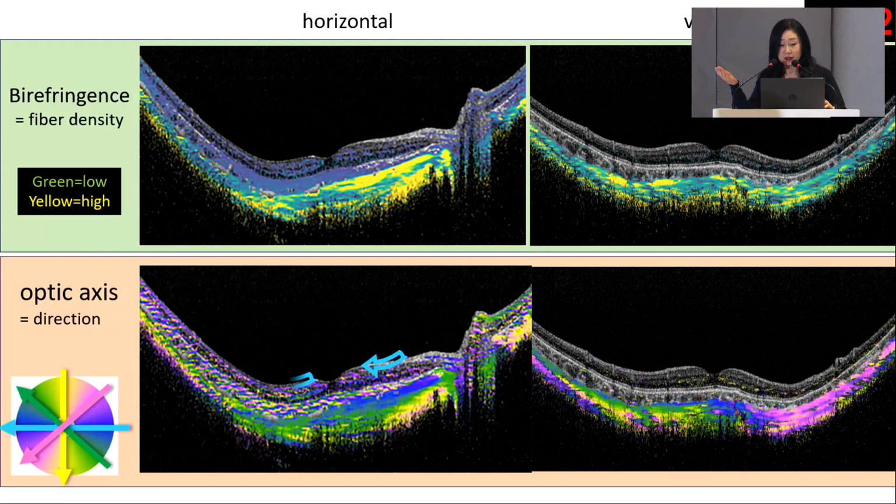In this horizontal image, you can see horizontal blue fibers running from the optic nerve toward the periphery. In a vertical section, you can see horizontal fibers in the macula alongside oblique fibers upper and lower to the macula.